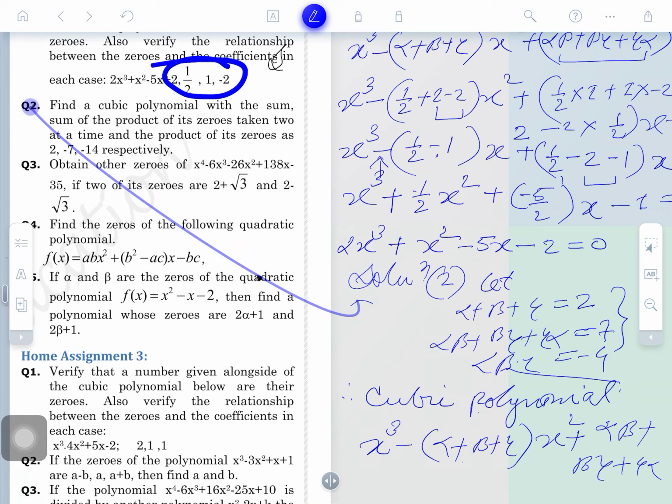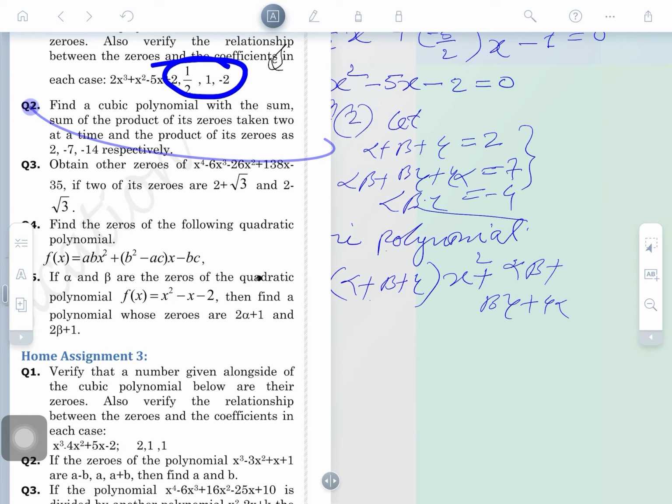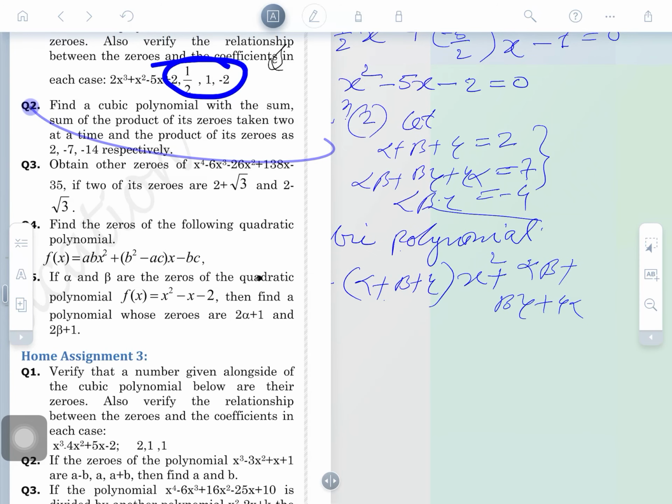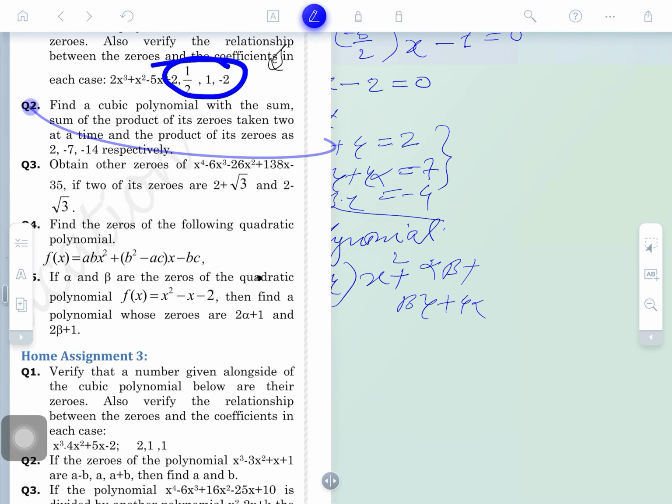And further, what is to be done? Further, the expression can be written as: x cube minus (alpha plus beta plus gamma) x square plus (alpha beta plus beta gamma plus gamma alpha) x minus alpha beta gamma is equal to 0.